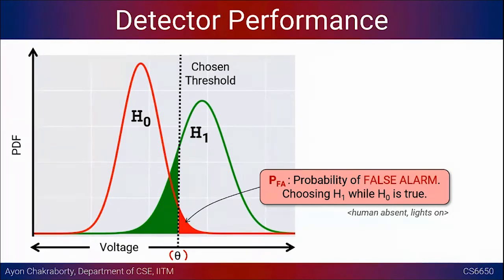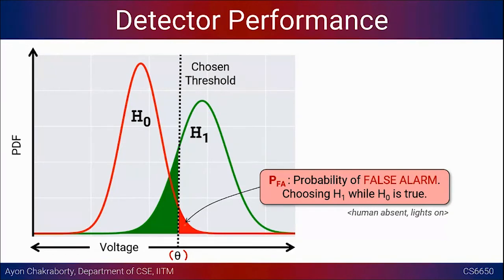So what is false alarm? False alarm is when H0 is true. H0 is our null hypothesis, the case where the person is absent and we have thought that the person is present. So we are falsely putting on an alarm that the person is present, when the person is not present.